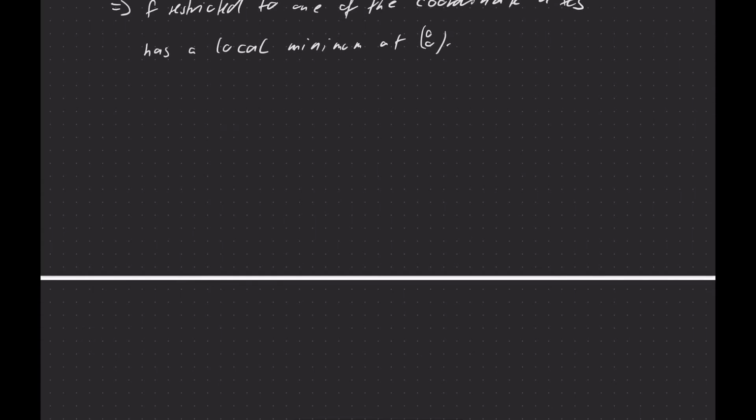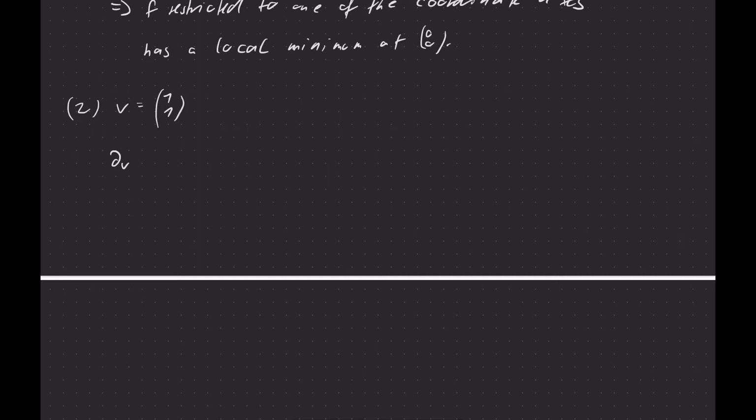On the other hand, we've also already looked at a different direction, namely the direction 1, 1. So let's now have a look at what happens if we restrict ourselves to that direction and look at the directional derivative in that direction. So let's consider the direction v equals 1, 1.